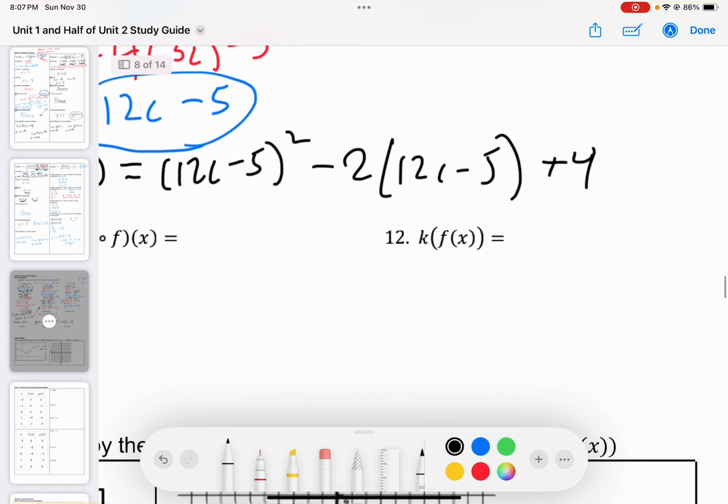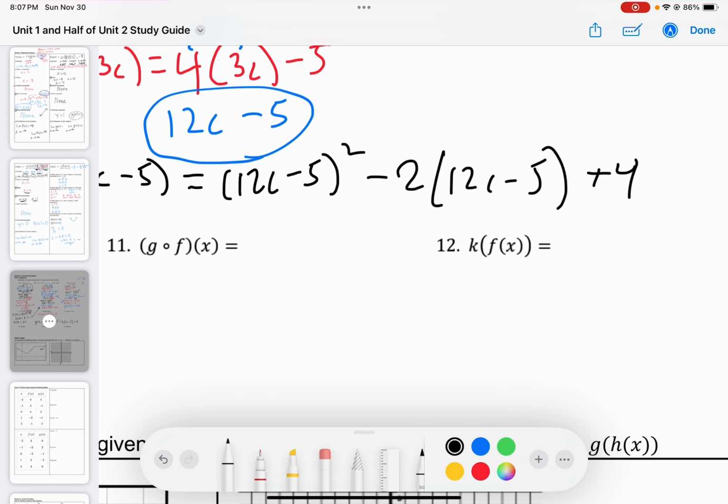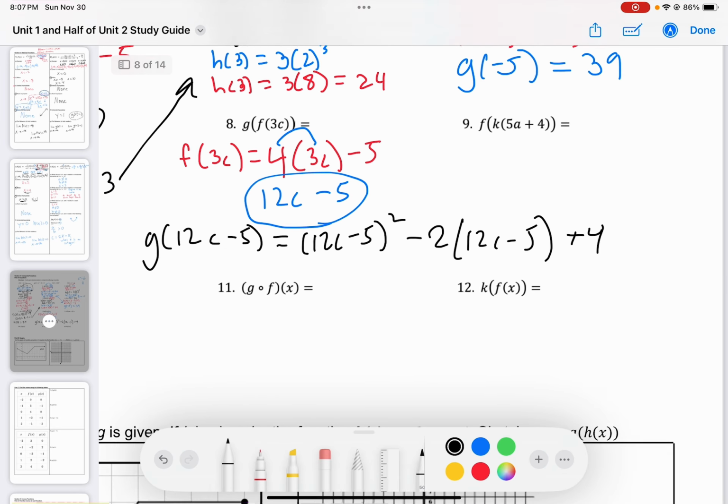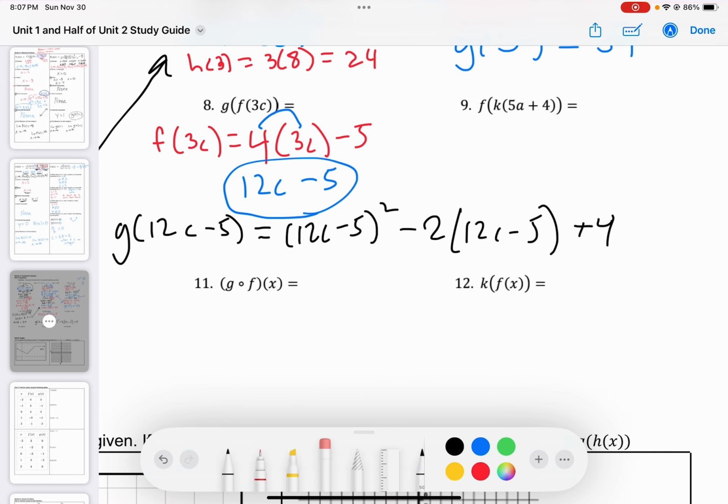You could simplify this. I hope you do. I don't have the space for it, and I don't want this video to be too long. So if you need this answer, go ahead and pause it. I'm about to erase it. 3, 2, 1. All right.